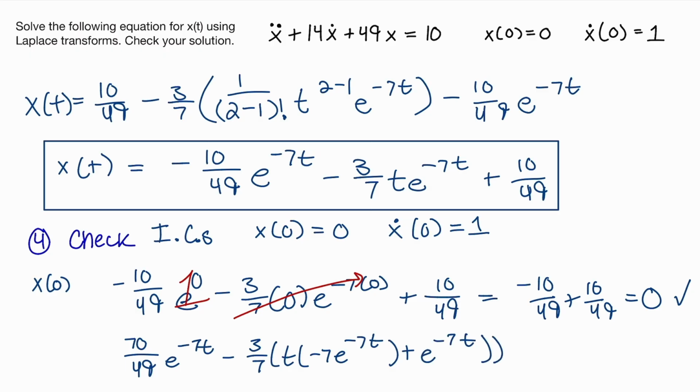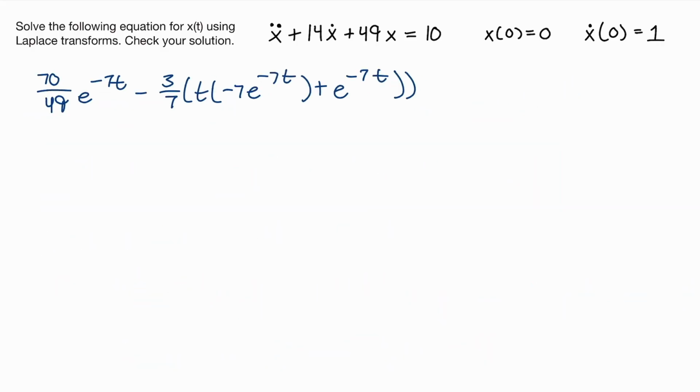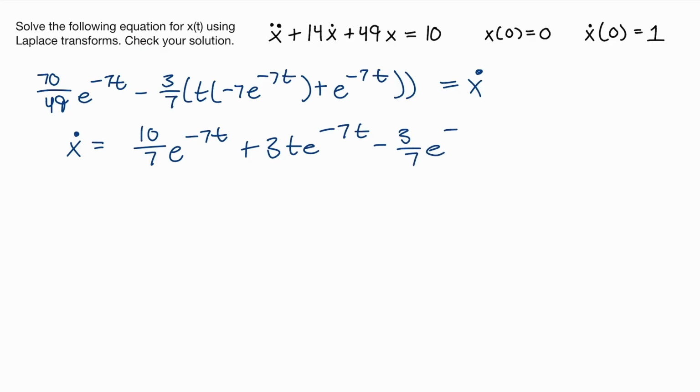And then the last term, you just end up with 0. So now we can just rewrite this, and we get 10 over 7 e to the negative 7t plus 3t e to the negative 7t minus 3 over 7 e to the negative 7t.